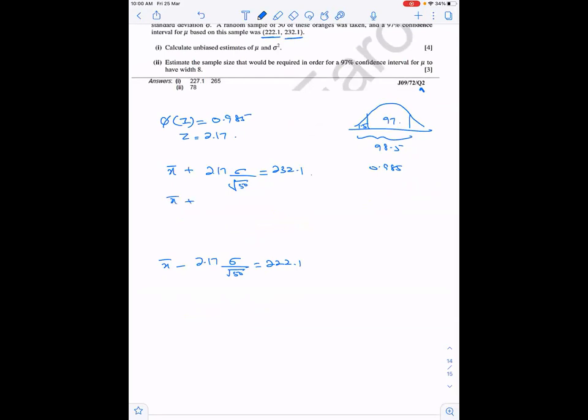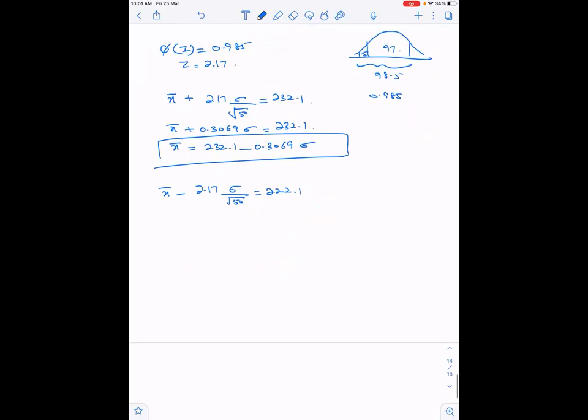X plus 0.3069 sigma equals 232.1. So I want to make mean the subject, so it will be 232.1 minus 0.3069 sigma. Make mean the subject in this one too, because that is the best way of solving it according to me.